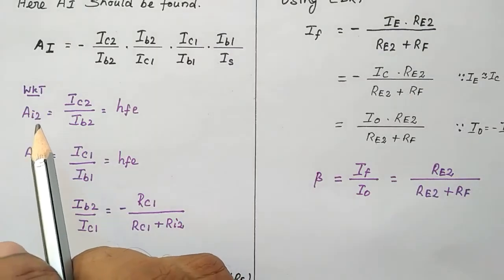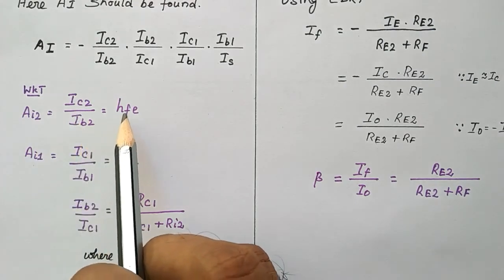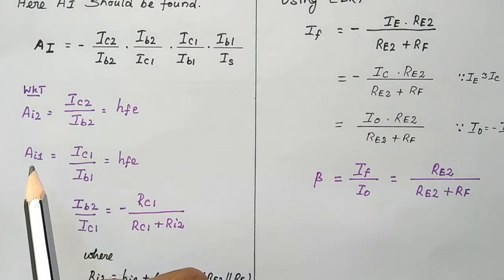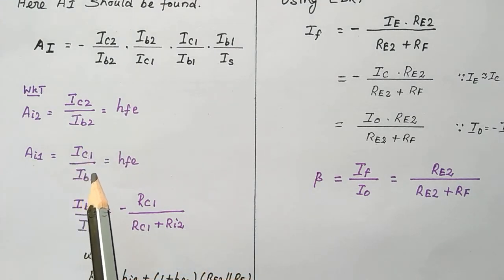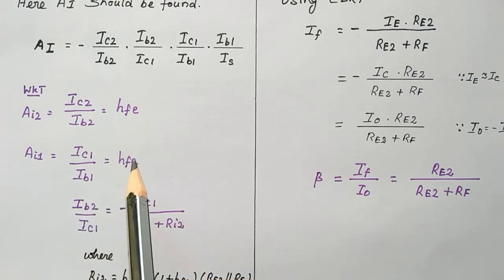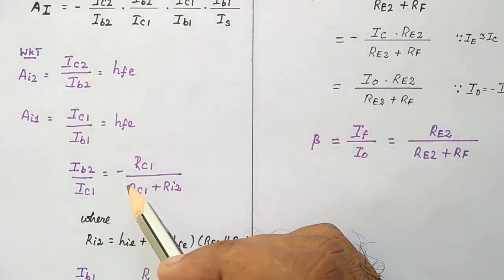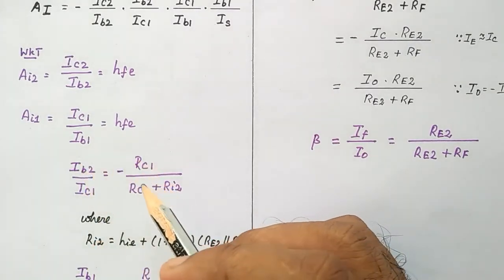Here we know that the second stage current gain AI2 is nothing but IC2 by IB2. We can directly get the value from HFE of the transistor. Similarly, in the first stage also we have IC1 by IB1, which is nothing but HFE. The HFE of the transistor can be taken as the gain value. The third, IB2 by IC1. For that we need to take the intermediate stage between the first transistor and the second transistor.